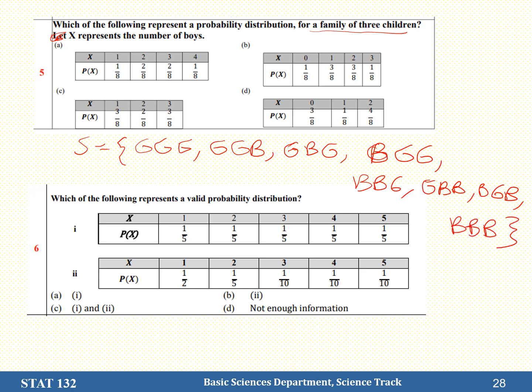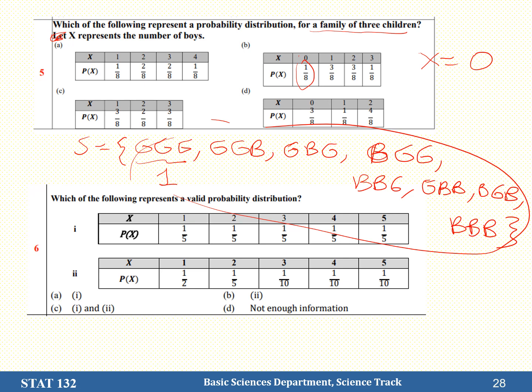So there are 8 possibilities. So if there is no boy, there's a possibility that it's x equal to 0. In this case, the only option here is all girls. It's 1 out of 8, so the probability will be 1 over 8.